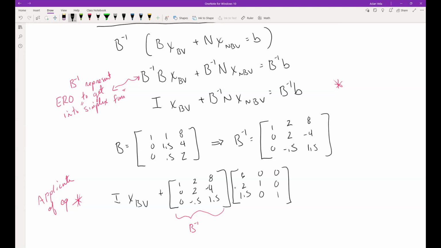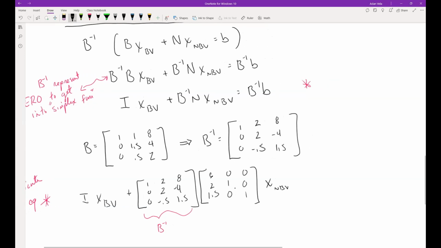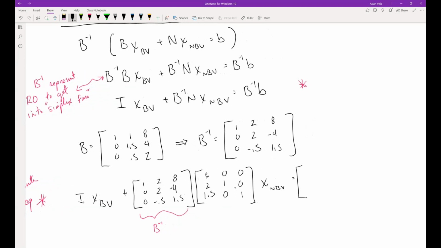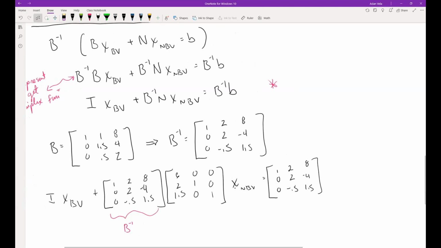Everything gets multiplied times XNBV. And again, it's going to be equal to B inverse times some quantity. In this case, that quantity is the right-hand side b of our original formulation.